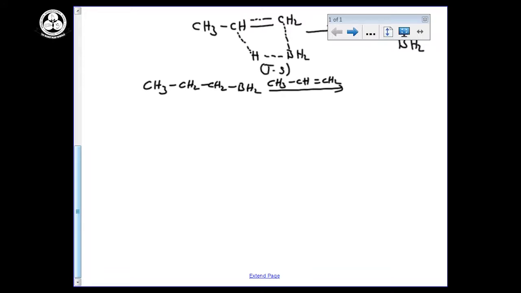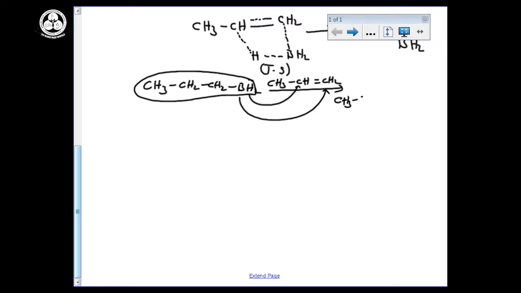Again in the B-H, hydrogen will be attached to this carbon, and the remaining total molecule will be attached to this one. Now it becomes like this: CH3 CH2 CH2 B, one hydrogen I am adding to another alkene, CH3 CH2 CH2. Simply, otherwise we can write it like this.